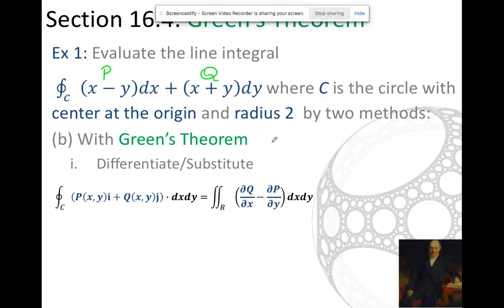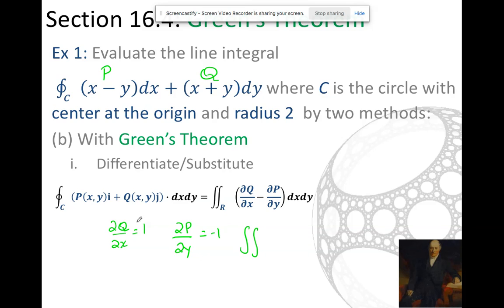So partial Q, partial x is what? 1. Partial P, partial y is -1.